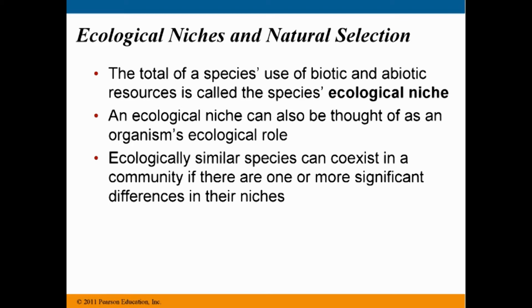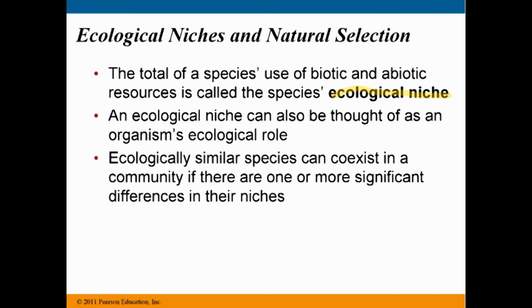So that leads us to some more definitions here. One of those is an ecological niche. We define the ecological niche as the total of a species' use of both biotic and abiotic resources.